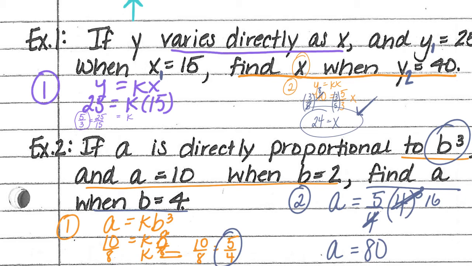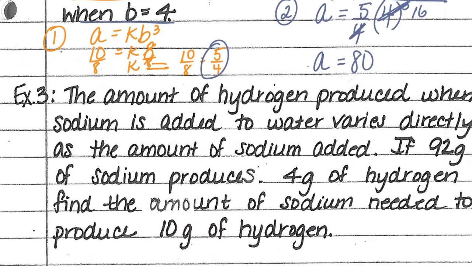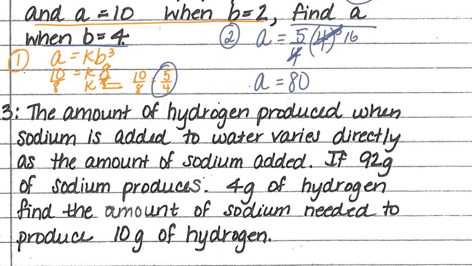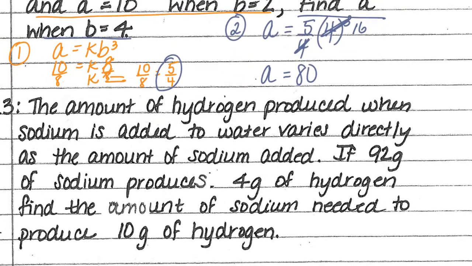All right, the last kind that you're going to get are these word problems. The amount of hydrogen produced when sodium is added to water varies directly as the amount of sodium added. I'm going to do that over here. So I have to make up my own y equals kx. I called that H equals Ks.